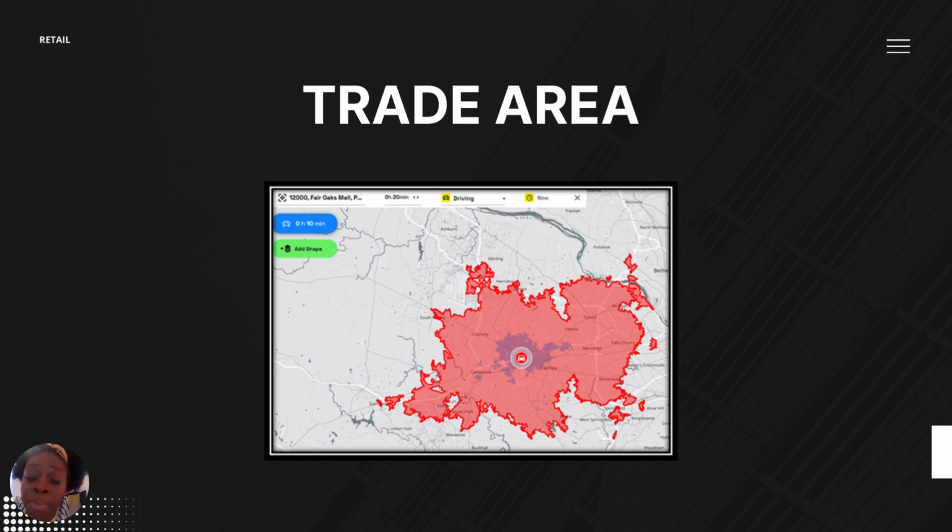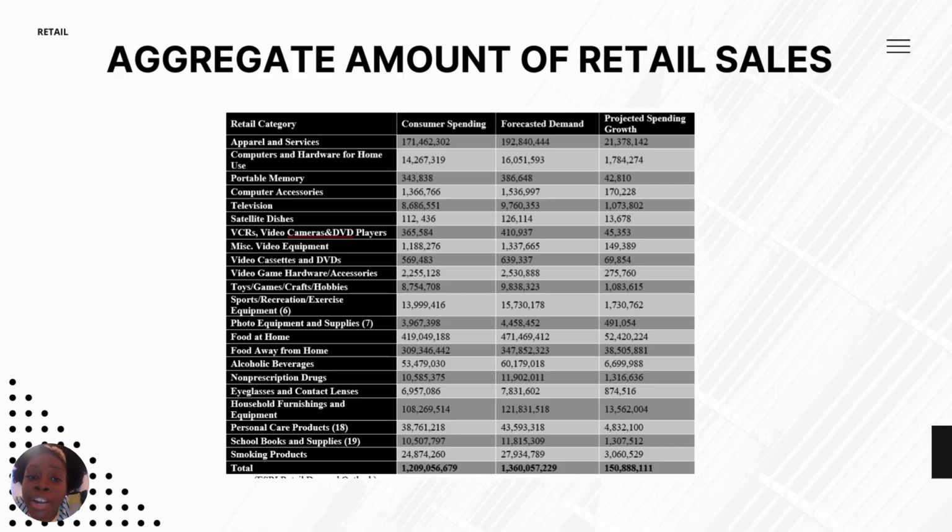The primary area expects to attract 50 to 65% of customers and sales, this is like the crucial point for retail center core support. And then the 20-minute drive time contributes 20 to 30% of the customers and sales for a retailer.